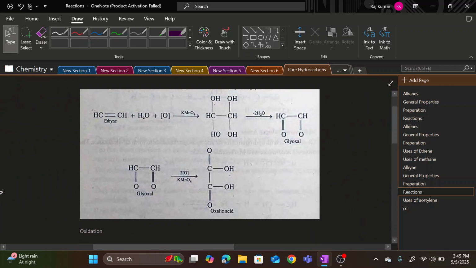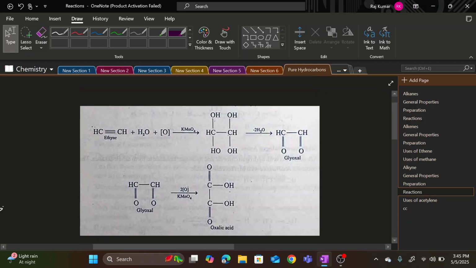The first oxidation reaction is with potassium permanganate.